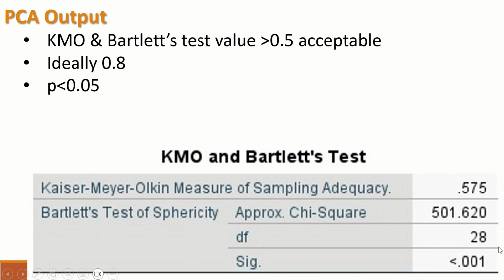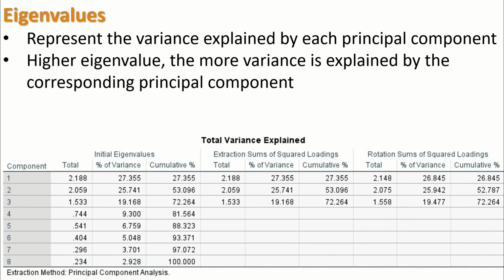The p-value should be less than 0.05, and the eigenvalues when performing the PCA are set as greater than 1. So what do the eigenvalues mean? They represent the variance explained by each principal component. The higher the eigenvalue, the more variance is explained by the principal component.